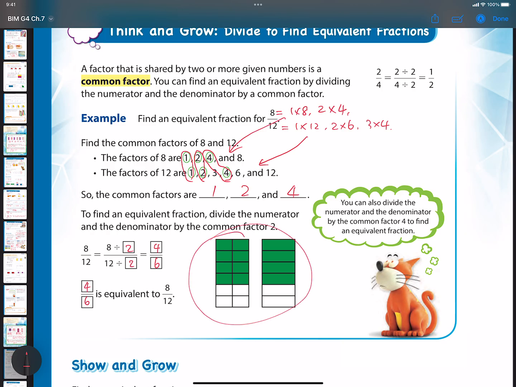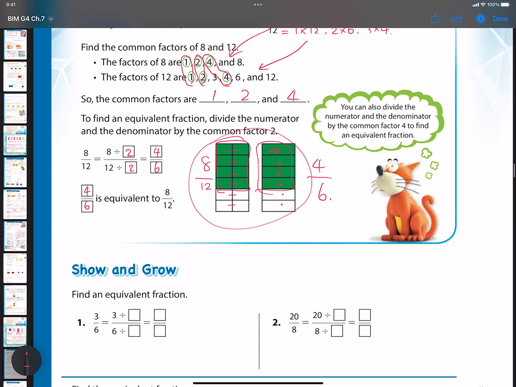In this model, 1, 2, 3, 4 pieces out of 6 pieces, and 2, 4, 6, 8 pieces are shaded out of 12. So they are equivalent fractions, the same amount. That's what an equivalent fraction is.